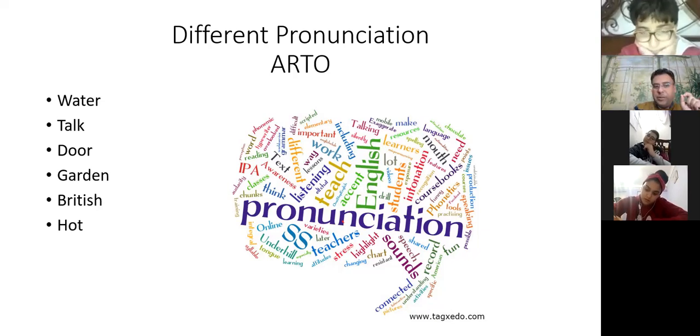In British, don't say R in final position or before a consonant. So we have a difference in R too.